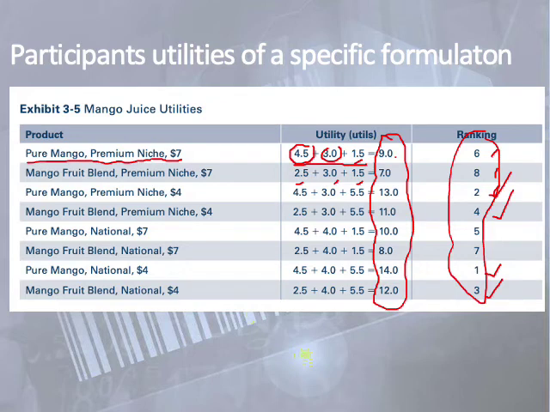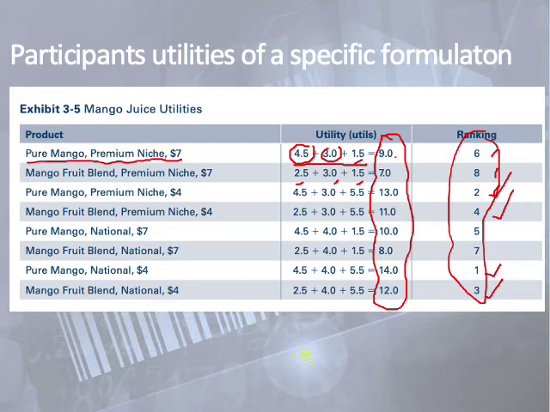That's how conjoint analysis discloses the perception, or how consumers give valuation over your product or specific formulation of your product.